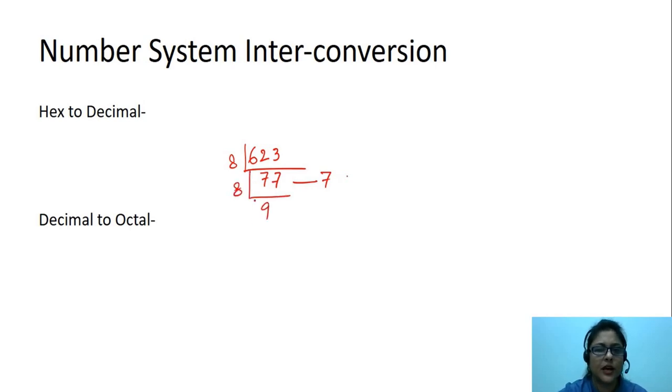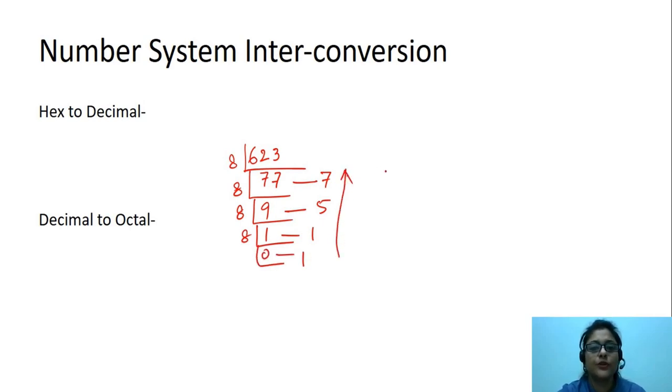It is going to be 9. So 9 again divide by 8. Going to be 1. Then 1 divided by 8 gives 0, with remainder 1. So you start counting from below. So it will be 1157. This is the octal number. And 623 is the decimal number.